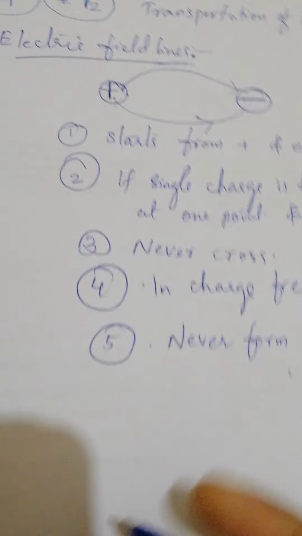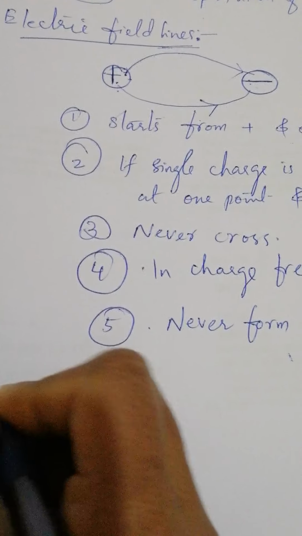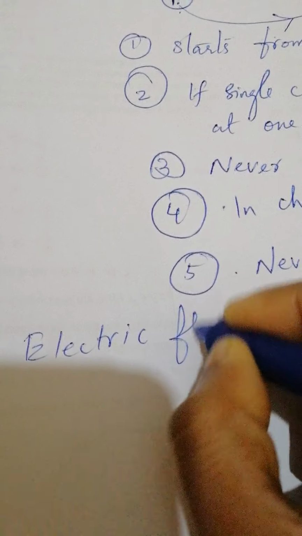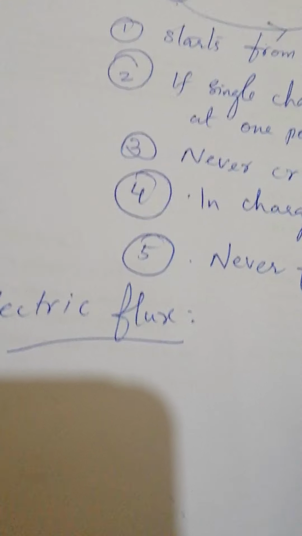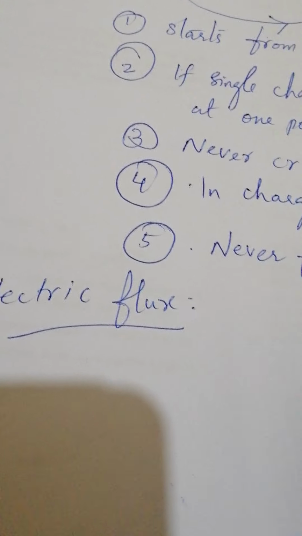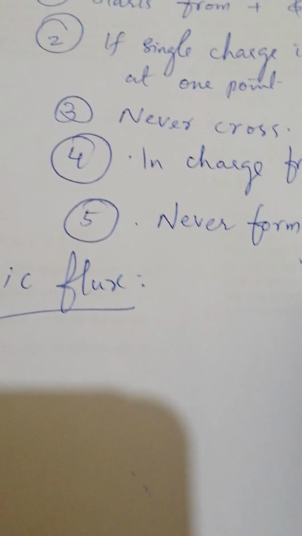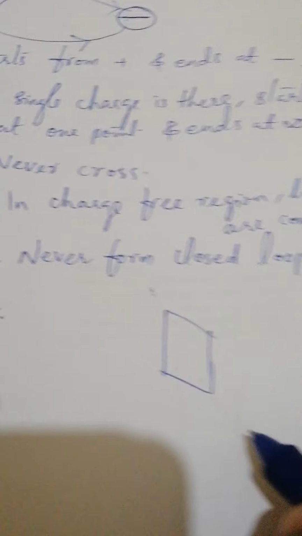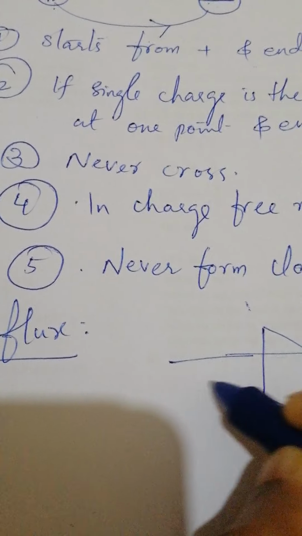So next let us consider electric flux. What is electric flux? Electric flux means the number of lines crossing an area. Consider any area. Many electric lines are crossing through this.